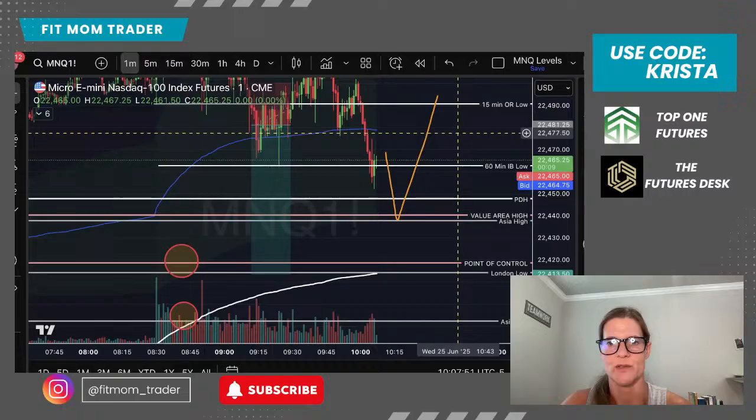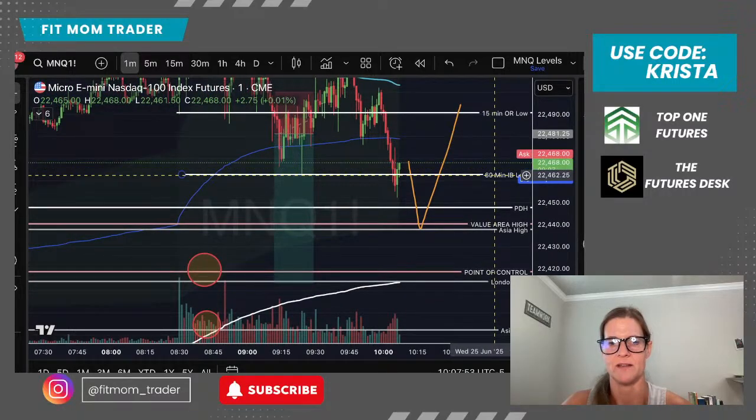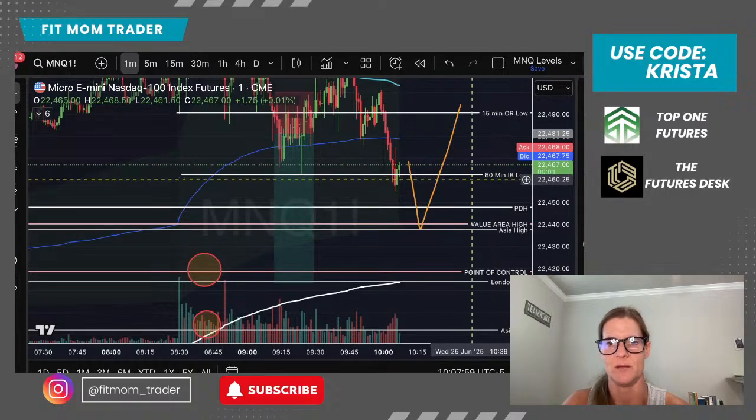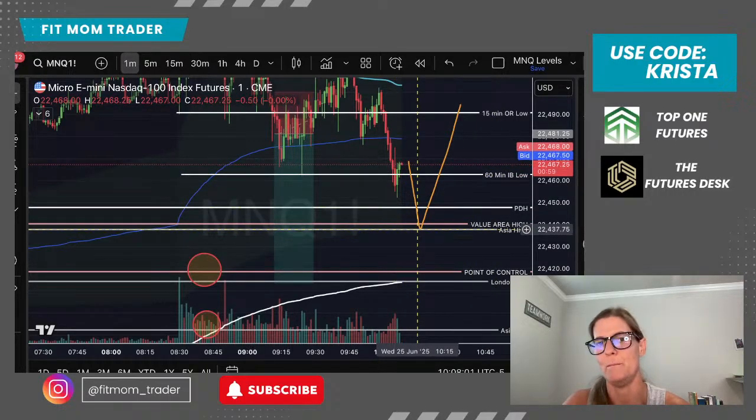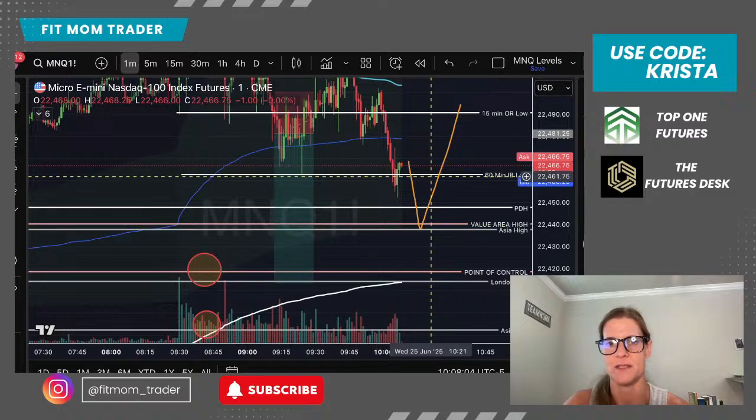For now, it is closing back within the initial balance low, but not like a convincing strong buy up yet. I'd like to see it come grab some liquidity and then get some momentum and movement back to the upside.